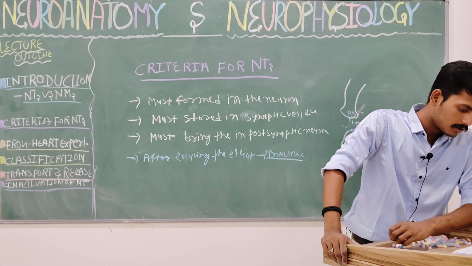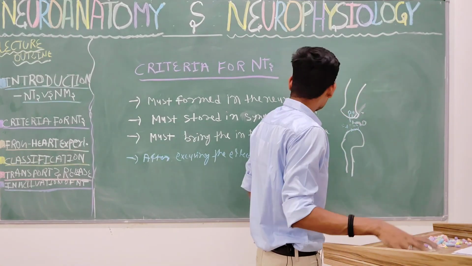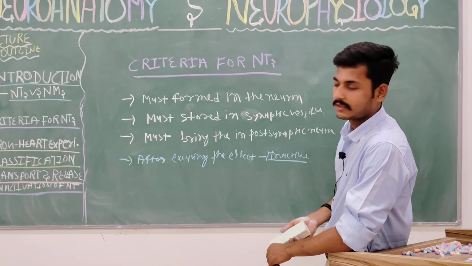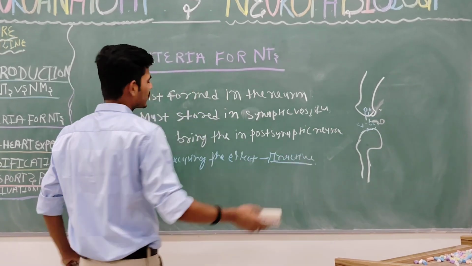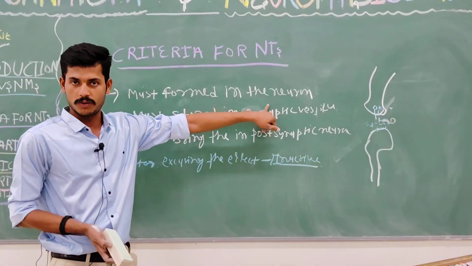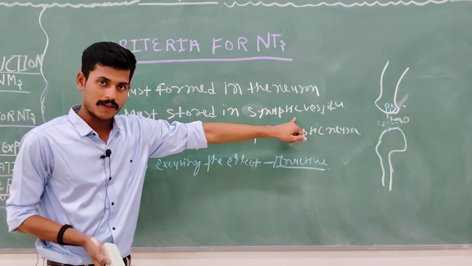Now, is there any other way to characterize these neurotransmitters? No? Okay. So these are some of the criteria for defining the neurotransmitters. Let's summarize it once again. First, it must be formed in the neuron. Second, it must be stored in the synaptic vesicles.